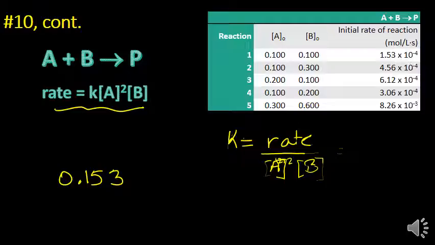Okay. So what is the rate? The rate is going to be molarity times molarity, s to the negative 1. Right? And the denominator is going to be molarity squared, molarity not squared total.